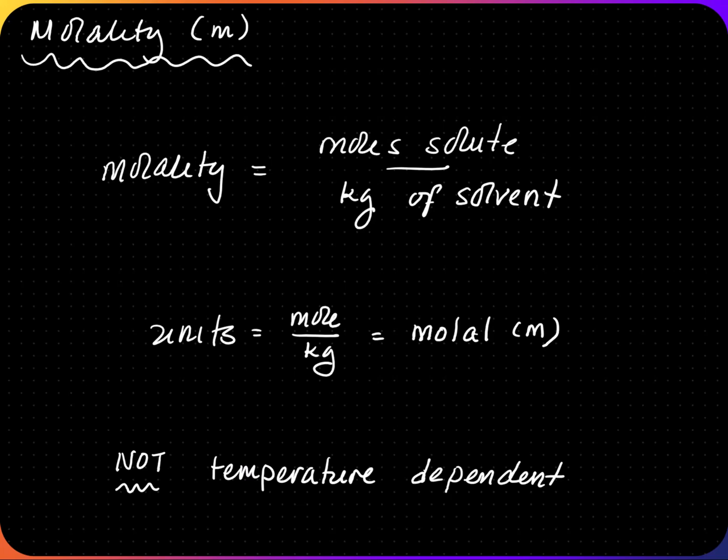So if I cannot differentiate between a capital and a little m, I'm going to mark it wrong. So make sure you write it correctly. The units of molality are moles over kilograms, or molal, which is the SI unit abbreviation m. This is not dependent on temperature or pressure, unlike molarity.